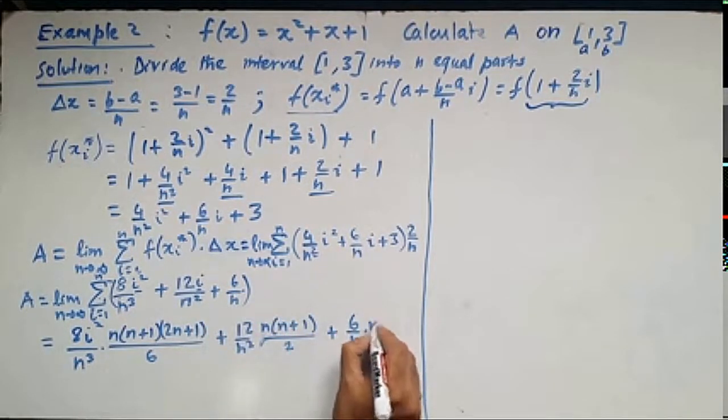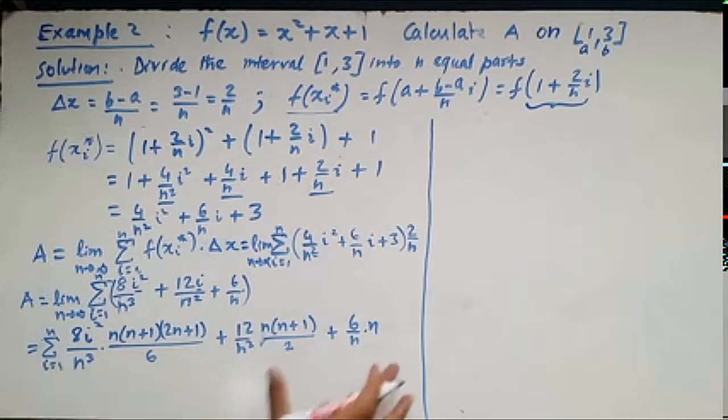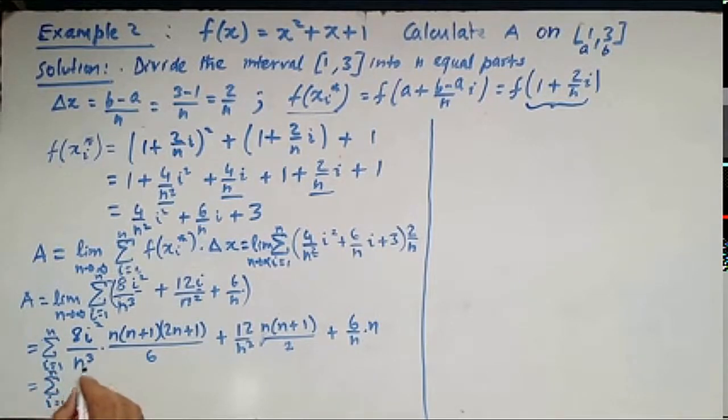This is a constant, so we have to multiply this by n. So this will be summation of i is equal to 1 to n of this entire expression. So this n and this cancels off. Now we no longer have i squared, so this i squared will not be there. So it will be n by n cubed.